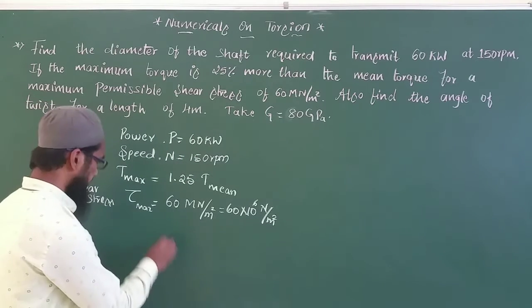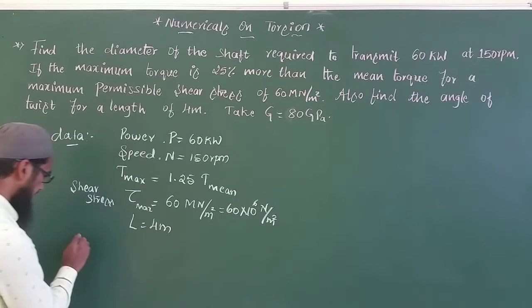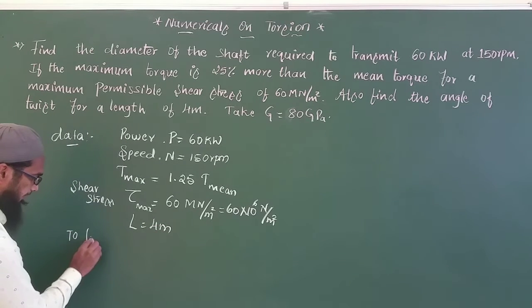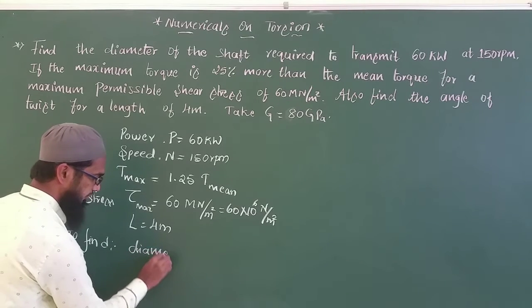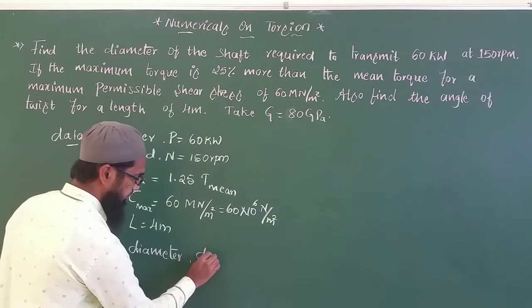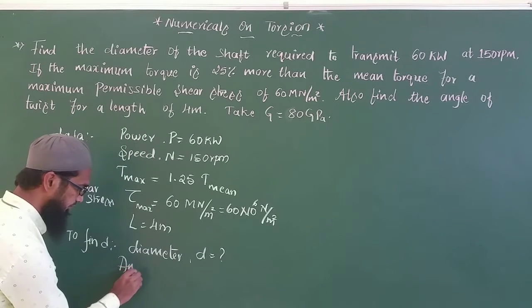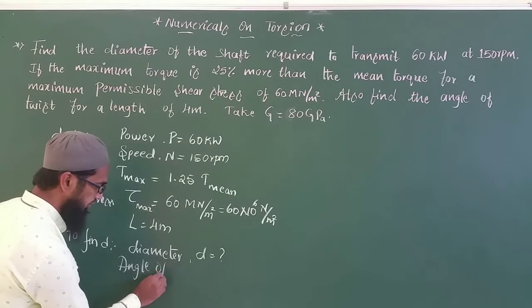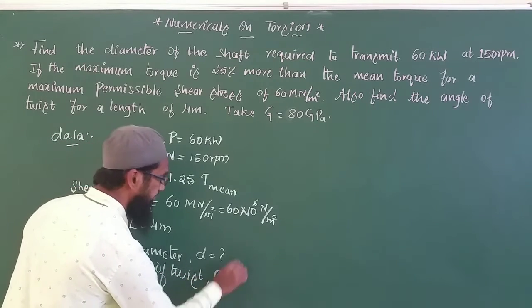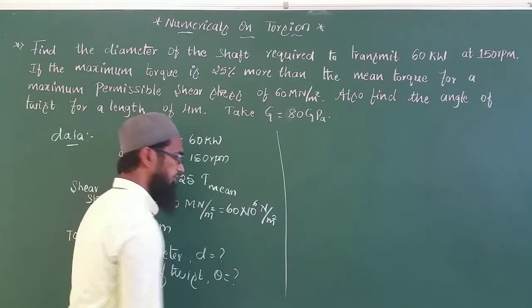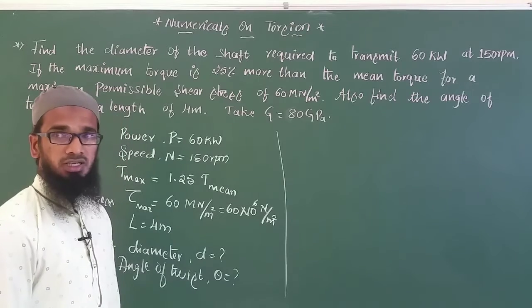The length of the shaft is 4 meter. What we need to find is the diameter of the shaft, and the angle of twist theta. These are the parameters we have to find out.